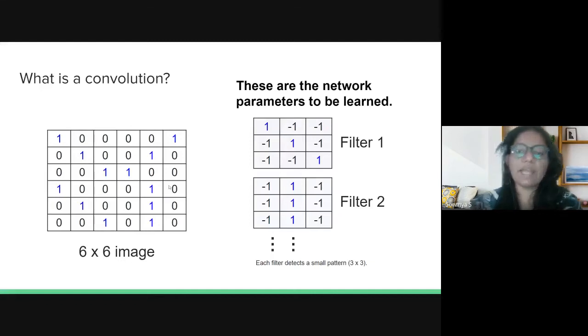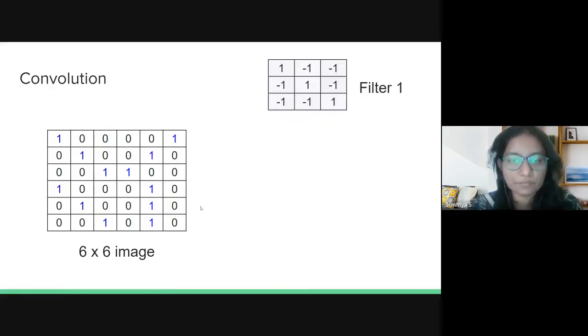So let's say we have two filters which are smaller matrices. I have a 6 cross 6 image and smaller filters of size 3 cross 3. What this is going to do is filter this information across this matrix. That is the first step: we decide the filter and then we apply it on the image.